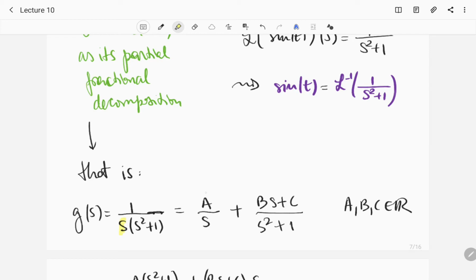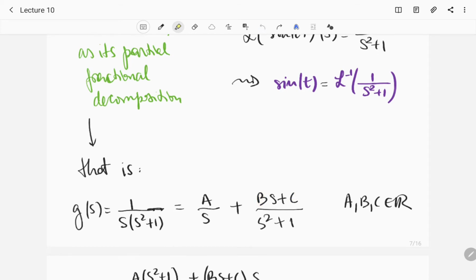So this factor will give this term and this factor will give this term. Remember, when we have quadratic polynomials with complex roots, then instead of a number here, we have to put a linear function like b times s plus c, where b and c are numbers.